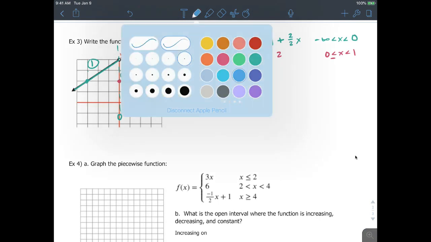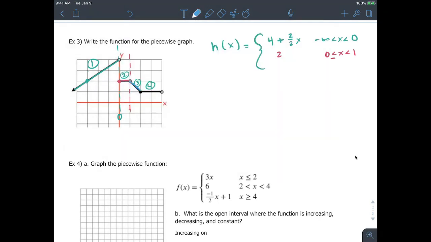Next part. I have an equation decreasing. And I am a point slope fan, so I'm going to use this point on the line, which is 2, 1, and the slope is -1. So the equation for this line would be y minus 1 is equal to -1 times x minus 2.